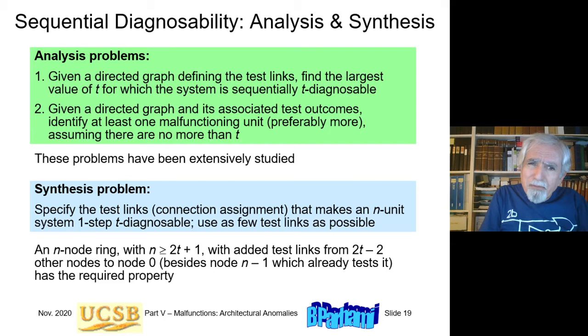At least one malfunctioning unit, assuming there are no more than t malfunctioning units. And the synthesis problem, as before, is to specify the test links or connection assignment that makes an n-unit system one-step t-diagnosable. Again, the next slide is more elaboration.